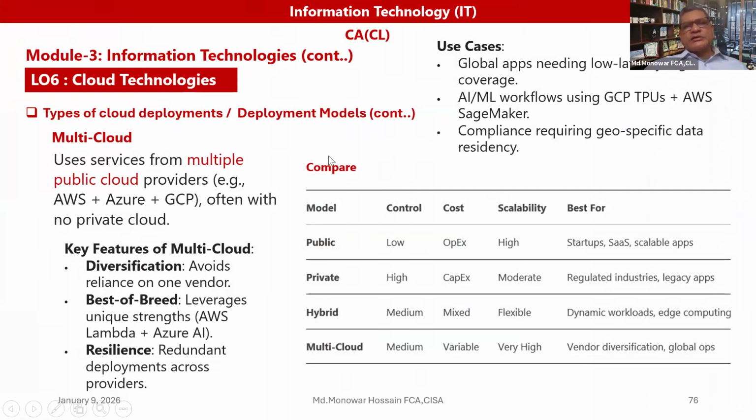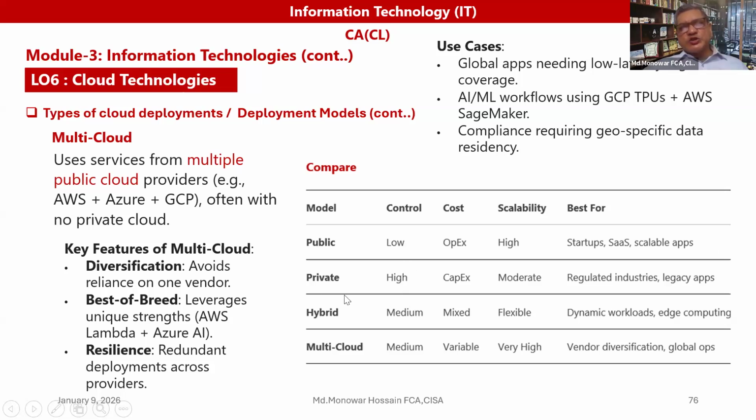And if we compare each and every one, that means public, private, hybrid, and multi-cloud: public cloud control is low. The cost is OPEX, that means operational expense or operating expense. Scalability is high, best for startup companies and SaaS, that means software as a service, software service provided by cloud computing, and scalable app use.